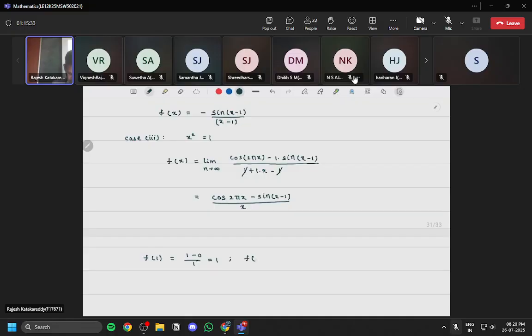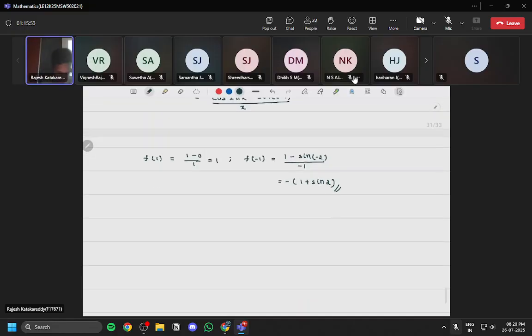Similarly, f of minus 1 is cos minus 2 pi, which is 1, minus sin minus 2 divided by minus 1, so minus 1 into 1 plus sin 2. I hope this is clear.